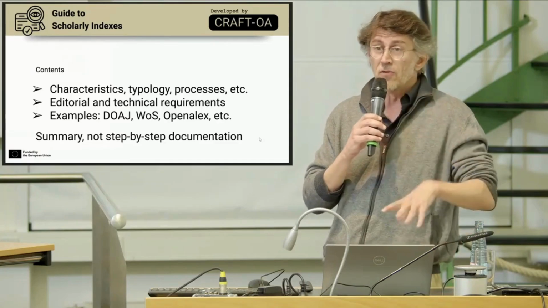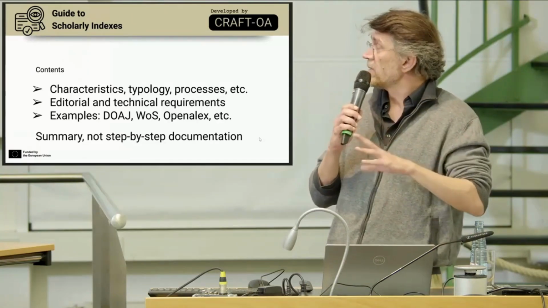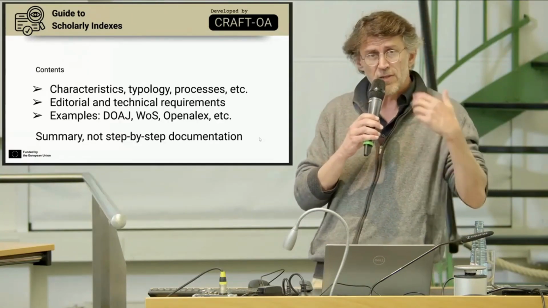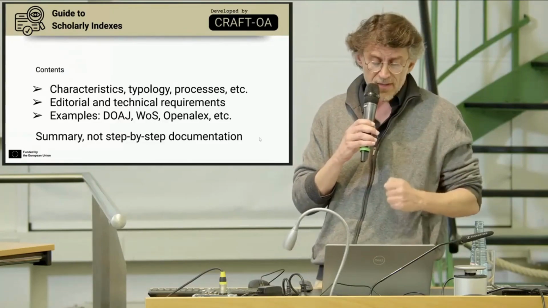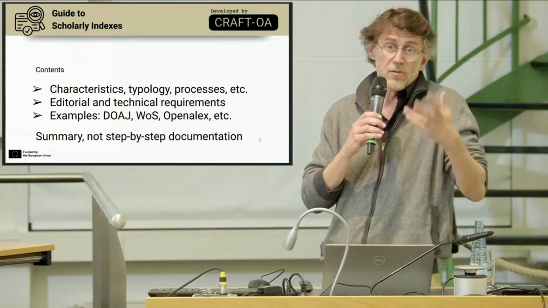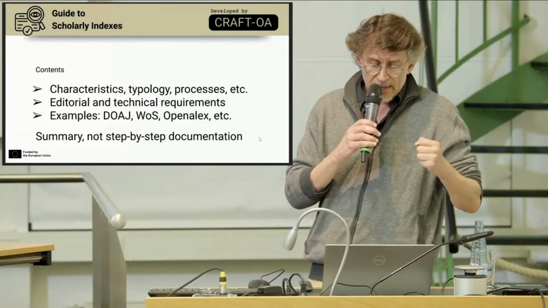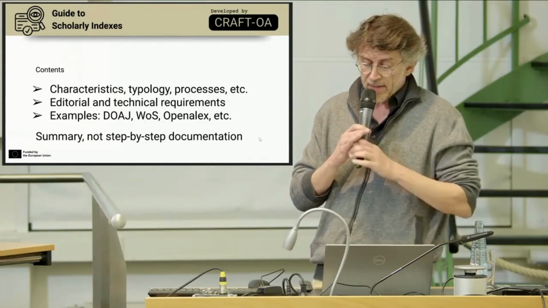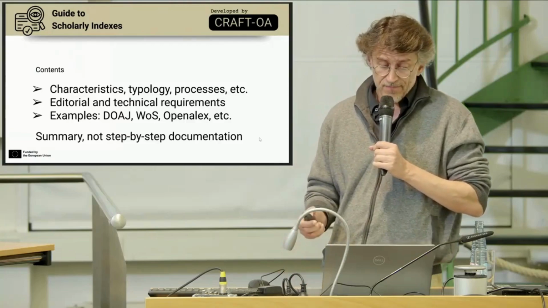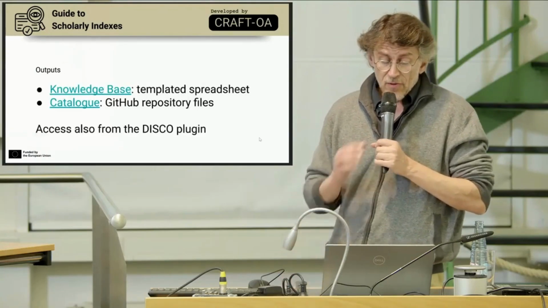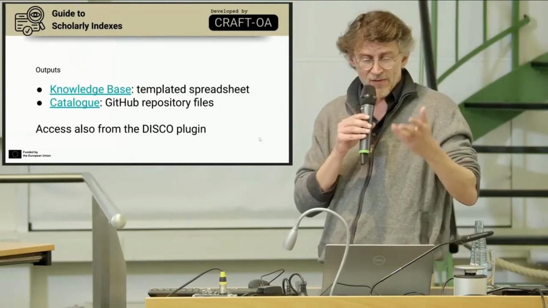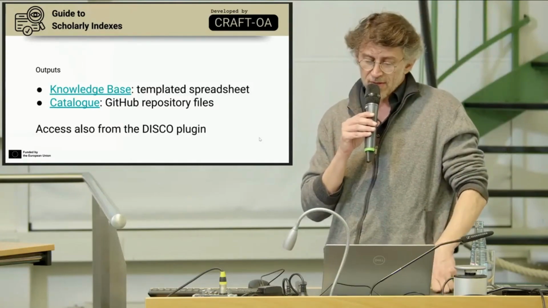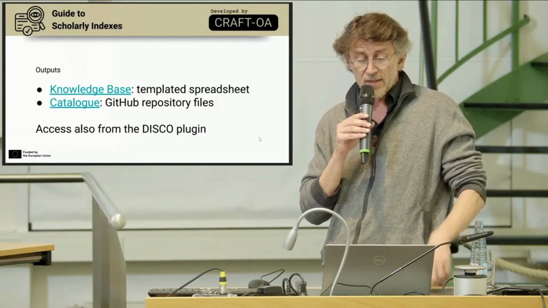I also insist very quickly that we didn't provide step-by-step documentation for each of these indexes. It's just a summary of documentation about these indexes. So how does it look? You cannot see it, but you have the links, and you will have the slides later, I assume, so you will have the possibility to have a look.